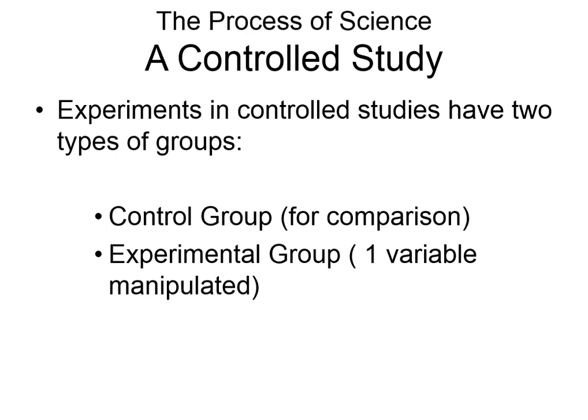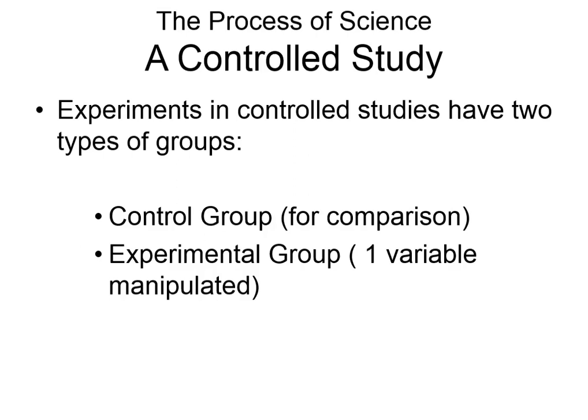Now, we're still talking about these theories, and we are talking about scientific process as a continuation. Normally in science, we do what we call a controlled study. By definition, a controlled study is an experiment that has two types of group.